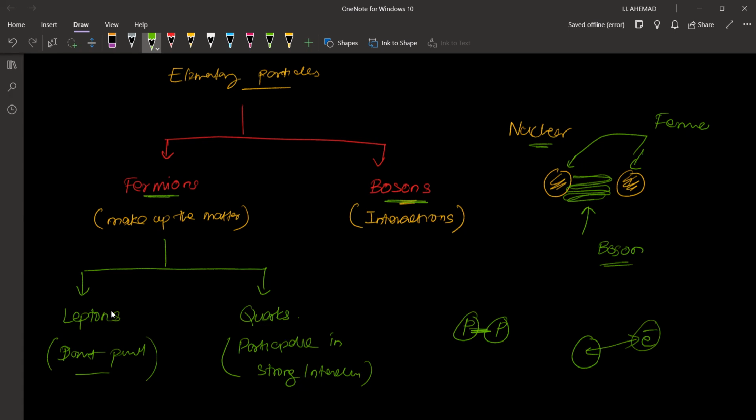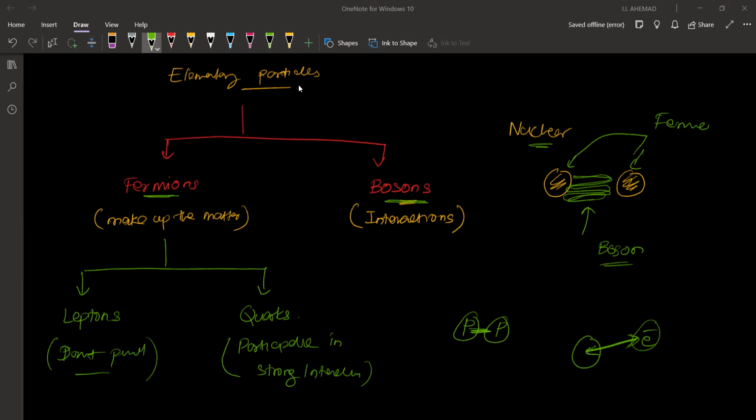What is the type of force between the nucleus and the electron? Is it the strong nuclear force, or electrostatic force? It is the electrostatic force, right?